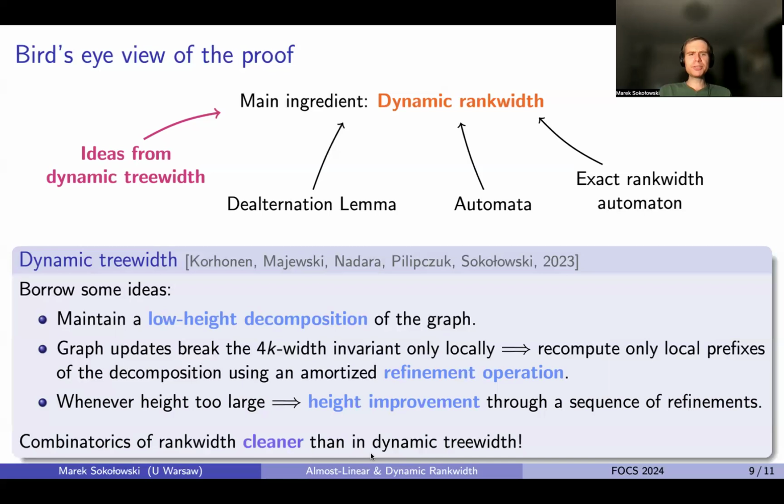Okay, and interestingly, it turns out that the combinatorics of rank width are much cleaner for the rank decomposition case than in the tree decomposition case. So it maybe makes sense to restate the combinatorics of the dynamic tree width data structure in terms of dynamic rank width, or graph parameters defined similarly to rank width, such as, I don't know, branch width.